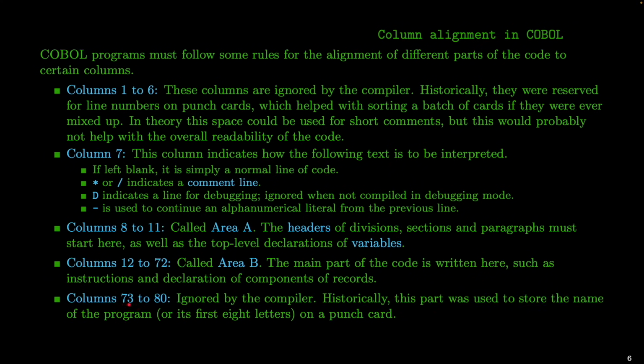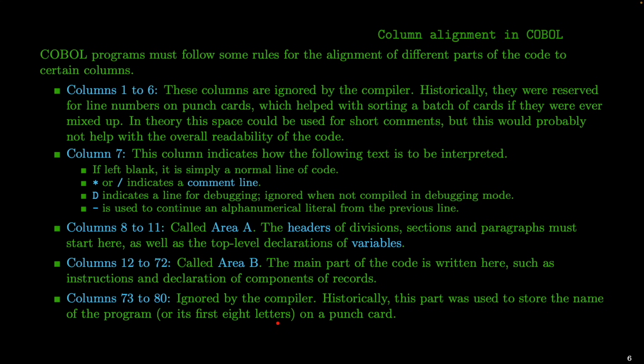Finally, columns 73 to 80 are ignored by the compiler. And again, this had historical use when you used cardboard punchcards, that you could store the name of the program here, or at least the first 8 letters.